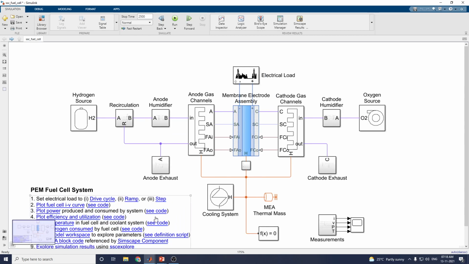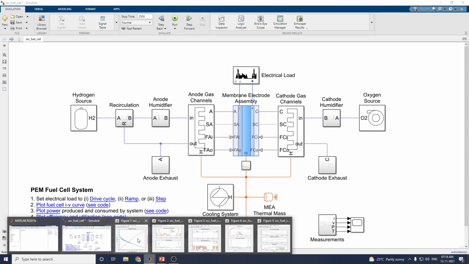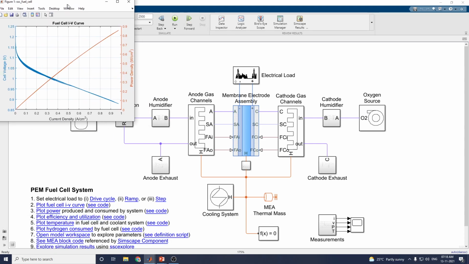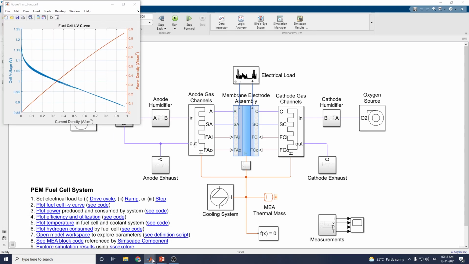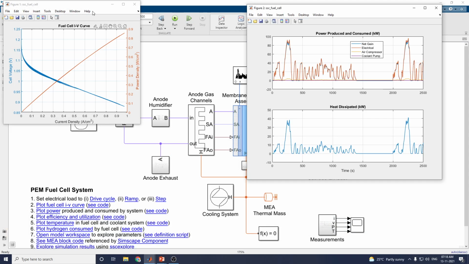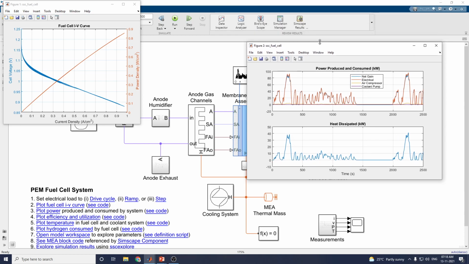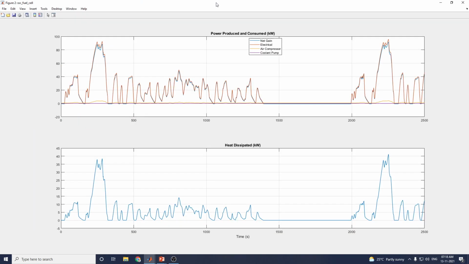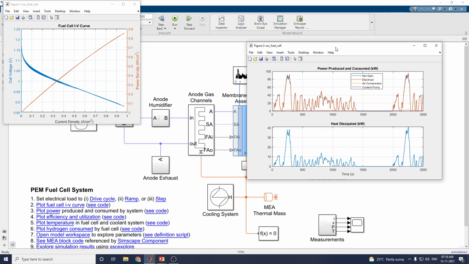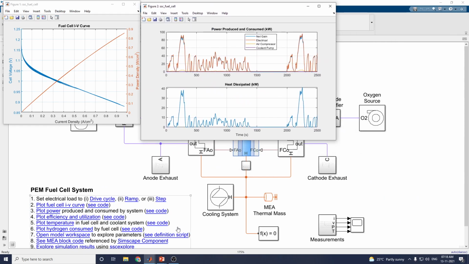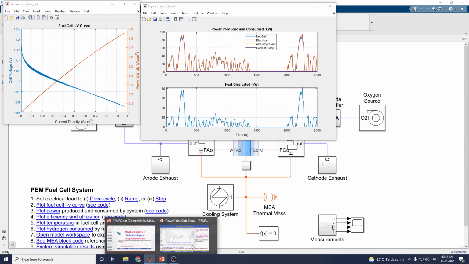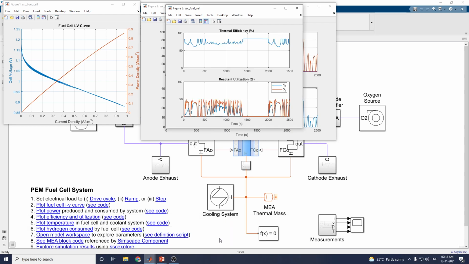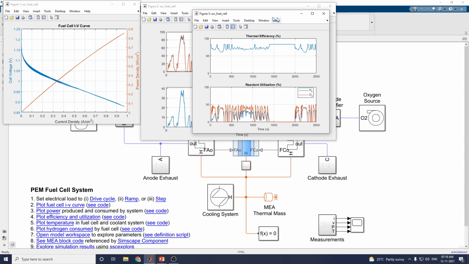You can see, finally, explore the result using Simscape Result Explorer. Here, what are the possibilities, what are the observations, or what are the designs we are going to discuss. The first one is figure 1. It shows the fuel cell IV curve, and the second one, how much power the fuel cell produced and consumed, and the heat dissipated in this heat dissipation unit. And this third figure shows the thermal efficiency and reactant utilization.